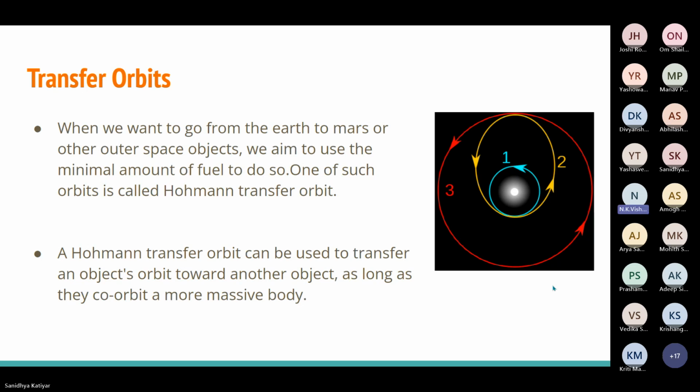So this is called the Hohmann transfer orbit, and it has been proved that this is the most cost efficient way to go from orbit 1 to orbit 3. So this is not just Earth and Mars. This can be used for transfer orbits between any co-orbiting massive bodies. Next.